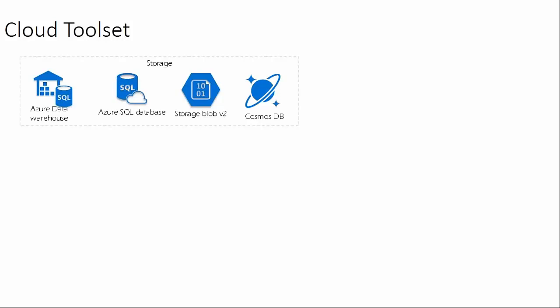For storage, we can think about Azure Data Warehouse, SQL DB, Cosmos DB for offering the information to the clients or applications, and the storage blob to create a data lake or just to store files or archive files.